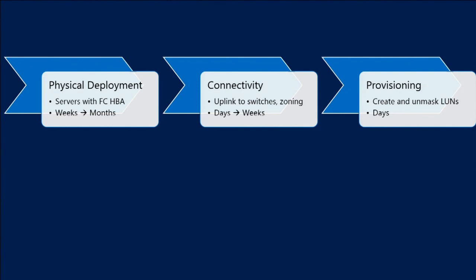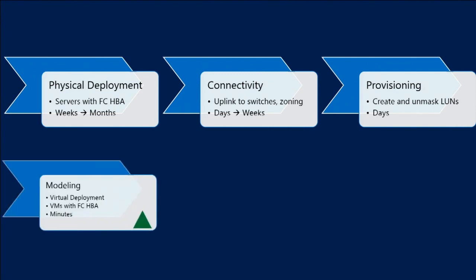There's some companies that only do zoning on the weekends, for example, updates to the zone sets, just because of a fear of changes during the week during production, which makes complete sense, but it requires that you wait until that time. And then provisioning of the LUNs could take ideally minutes, hours, sometimes days, depending on how the SAN administrators are dealing with other issues in the environment, and so you'd have to wait for them to do the configuration.